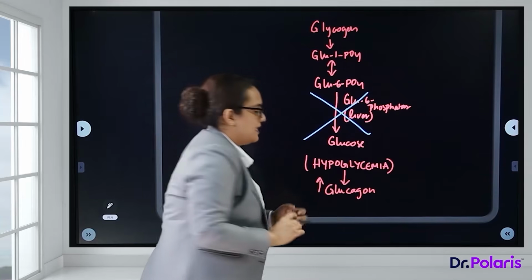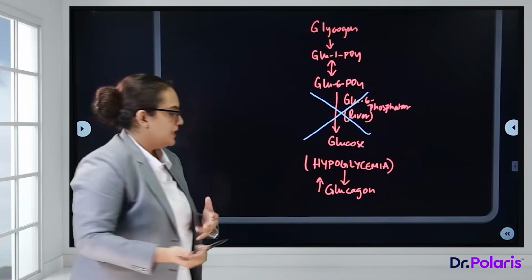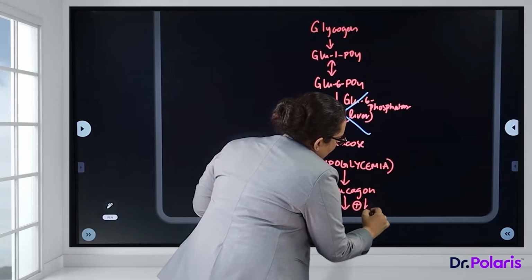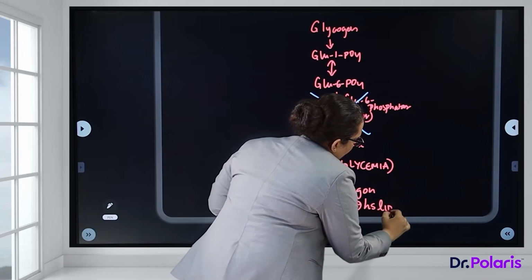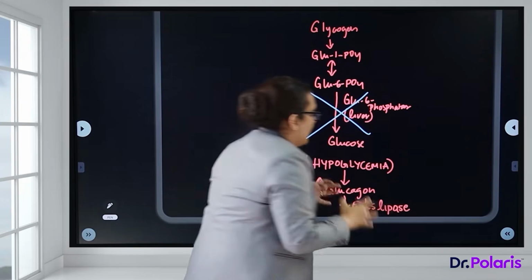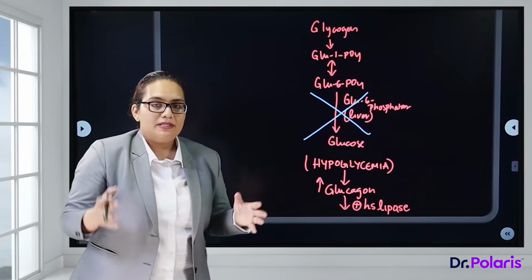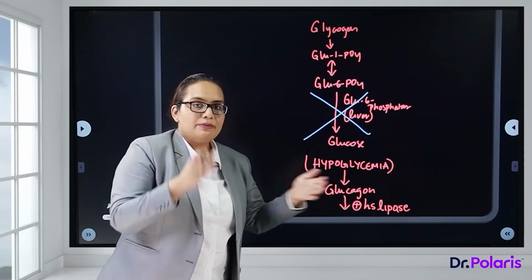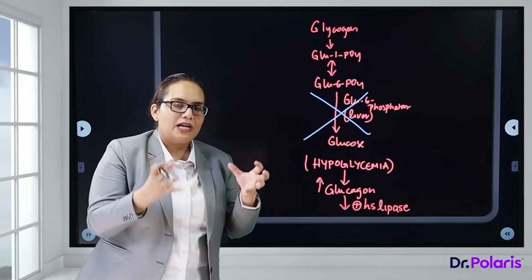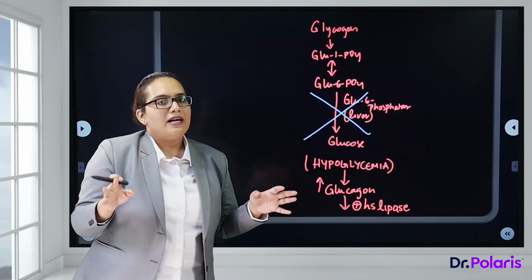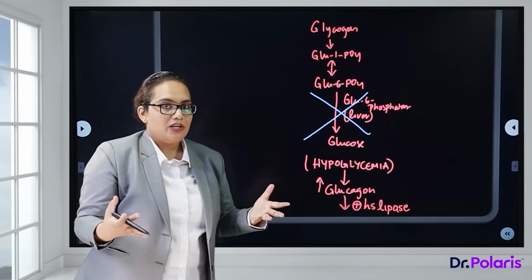And glucagon has a stimulatory effect on an enzyme called hormone-sensitive lipase, especially in the adipocytes. The adipose tissue is a site where all the lipids are stored in the form of triacylglycerol, and hormone-sensitive lipase basically breaks down that fat stored in the adipose tissue and causes release of fatty acids and glycerol into the circulation.